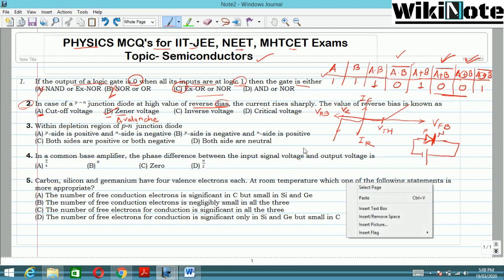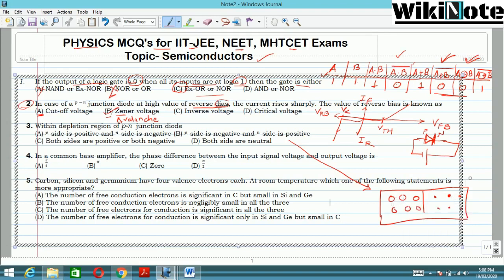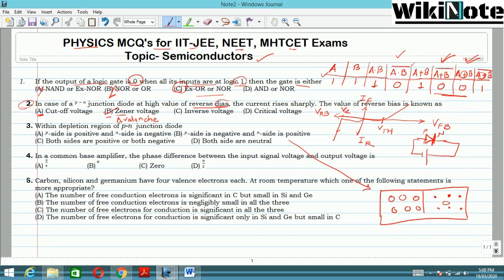In a PN junction diode, the p-type material consists of majority charge carriers as holes, and n-type consists of majority charge carriers as electrons. Minority charge carriers are electrons in p-type, and in n-type, minority carriers are holes. So this is n-type and this is p-type material.